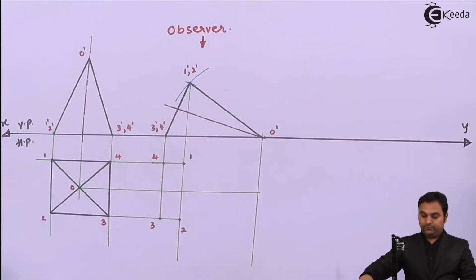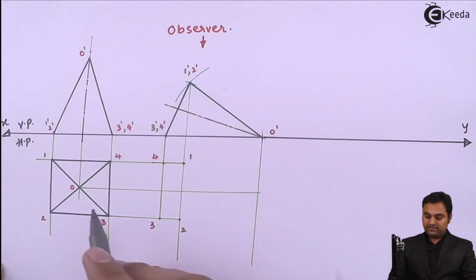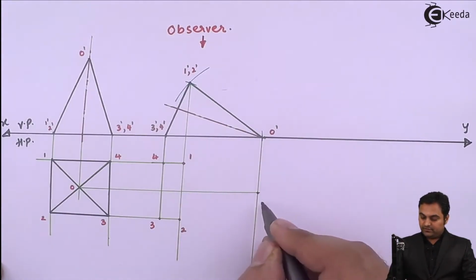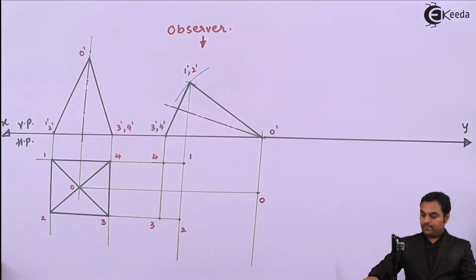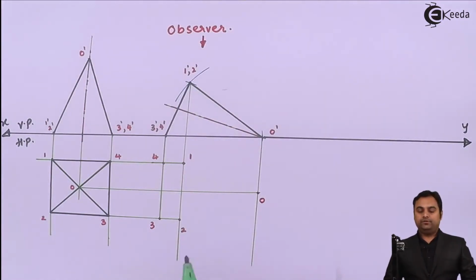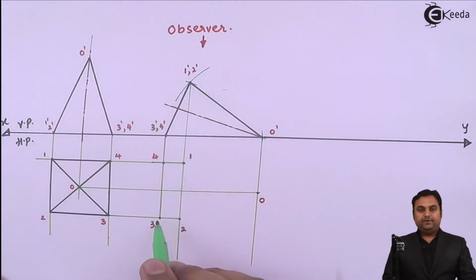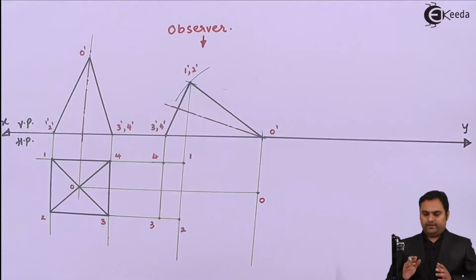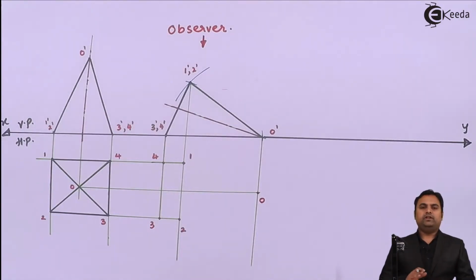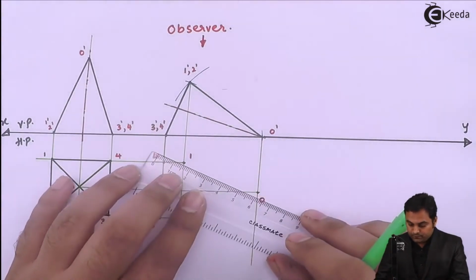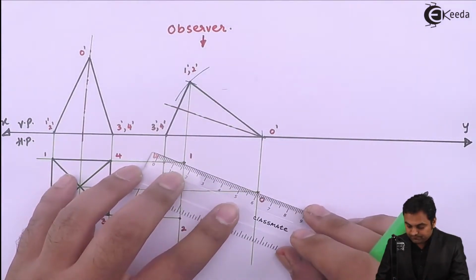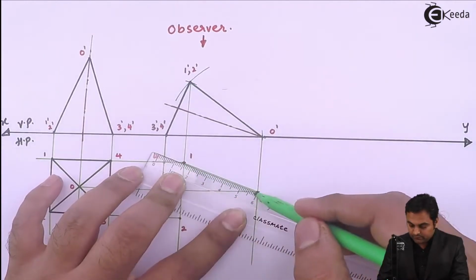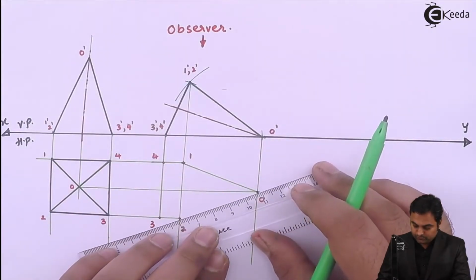So this gives me point O, which is O dash and O. The intersection gives point O. Then after that, when I am drawing the top view for this pyramid, the outline should be dark, because whenever we are drawing, the outline will never be hidden. So first I'll join O to 1 and O to 2.